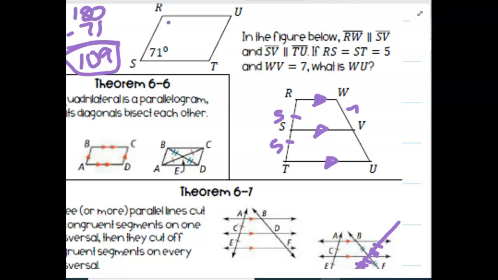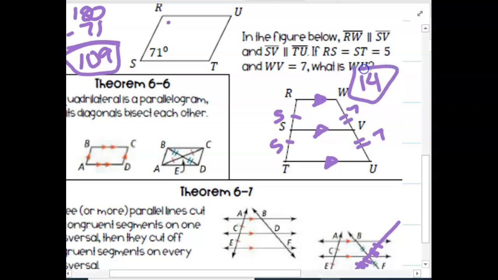And when it does that, it creates congruent segments, which means these 2 segments are also congruent. So if WV is 7, what's VU? Also 7, and I'm looking for WU. Yeah, 14. Okay, questions on any of that?